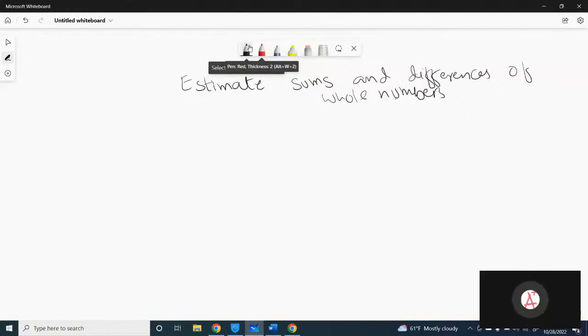Estimate the sum by rounding each number to the nearest 10,000 and then add. So you have to round off the numbers to the nearest 10,000. Got it? The numbers are 55,384 and 28,712. So you have to round off 55,000 to the nearest 10,000.